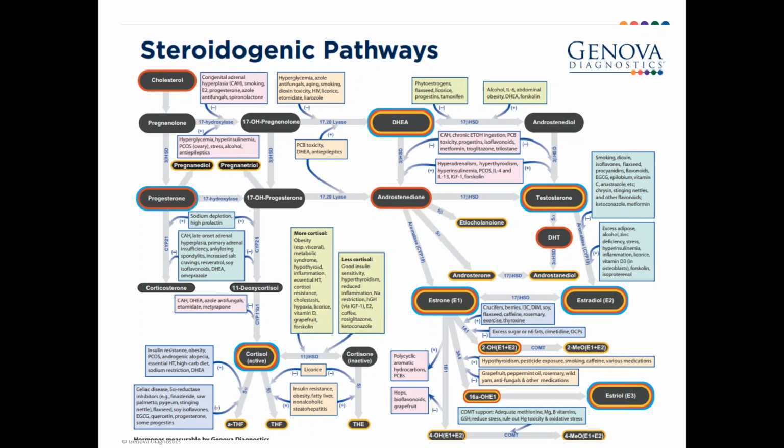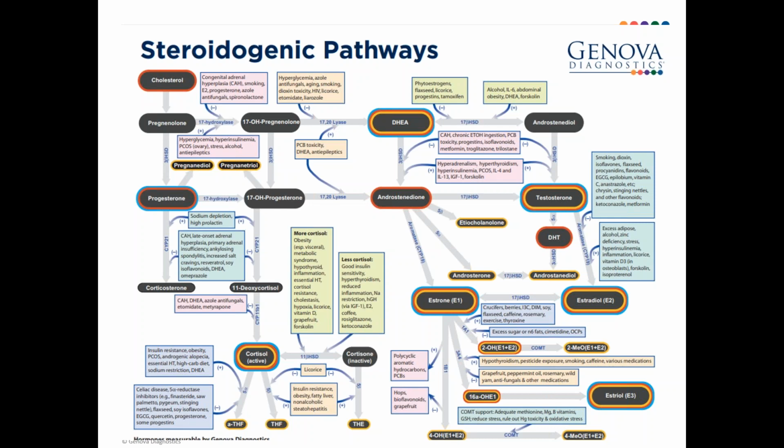See all of these pathways, these arrows. So correct, cholesterol becomes progesterone. Progesterone can come down to make mineralocorticoids. It can also come down to make cortisol. It then comes over to make androgens, DHEA and testosterone. These then come down to make parent estrogens, and then we see the metabolism.